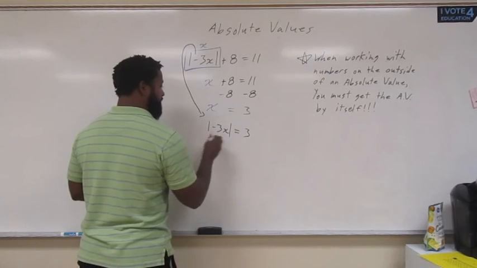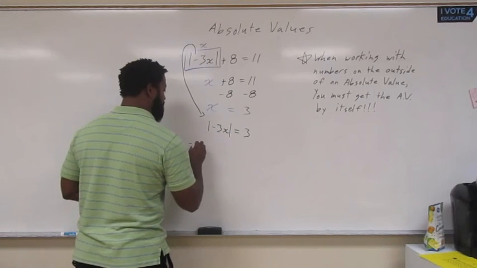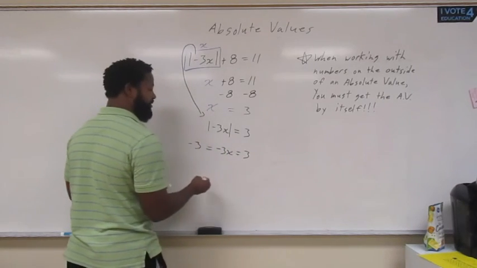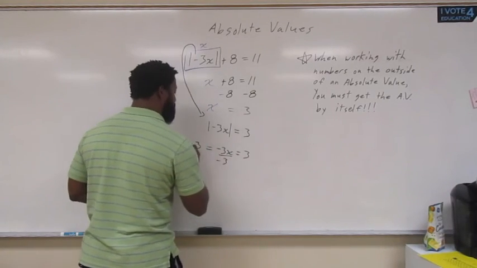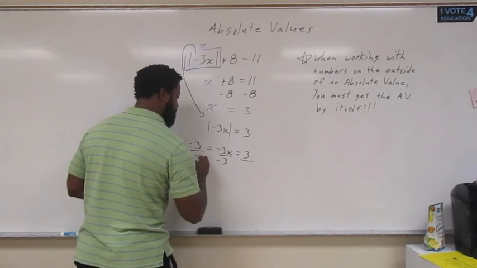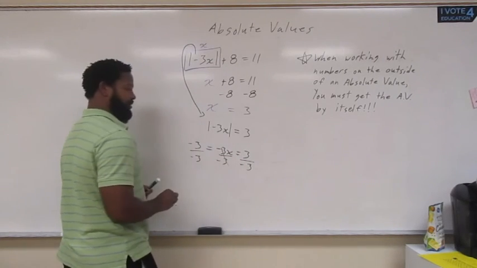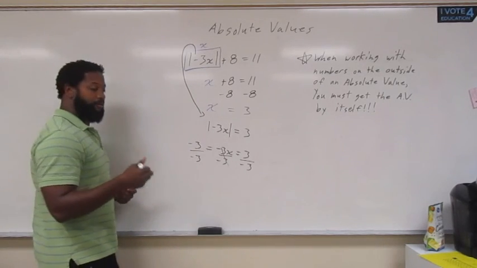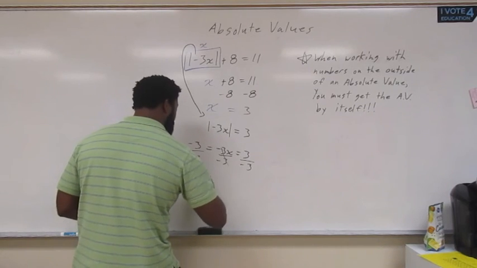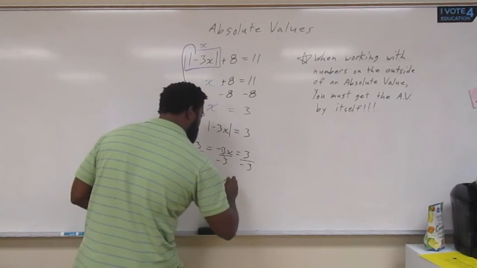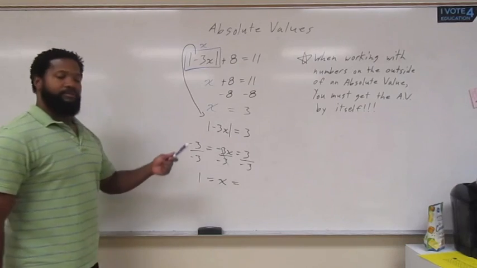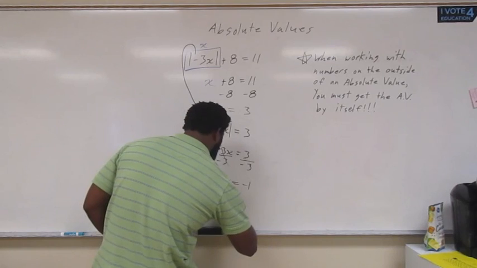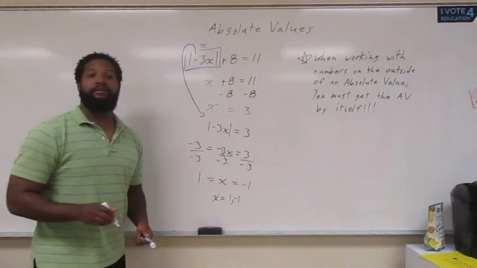So therefore, this is a negative 3 onto the other side, equal to negative 3x equal to 3. Obviously, you divide the negative 3 on both sides, right? So therefore, what's negative 3 divided by negative 3? 1. Positive 1 is equal to x, which is equal to, what's? Negative 1. So x is equal to 1 and negative 1, okay?